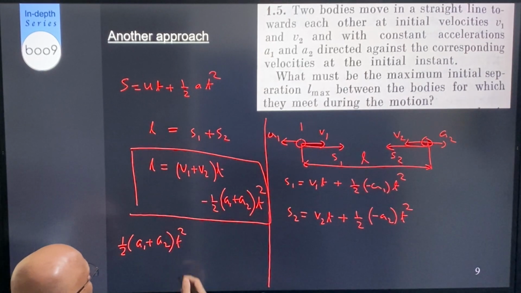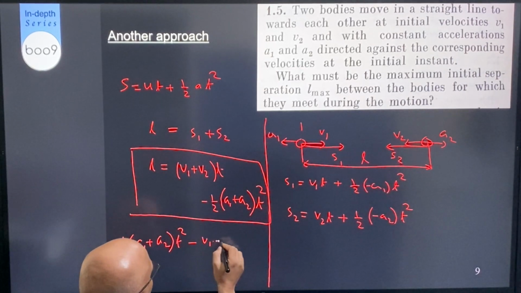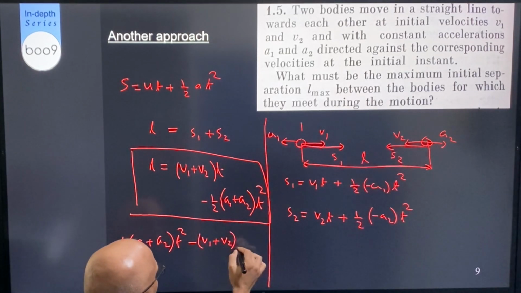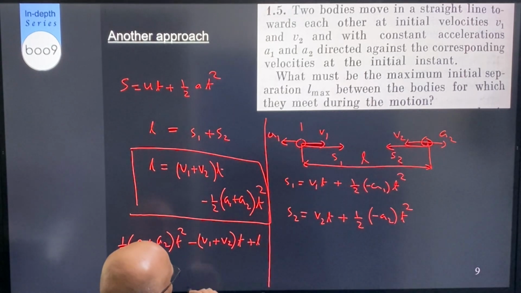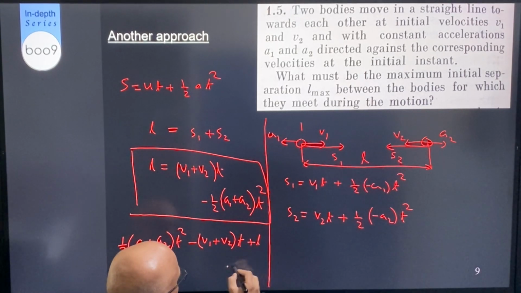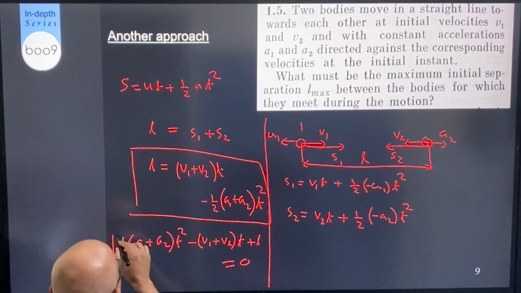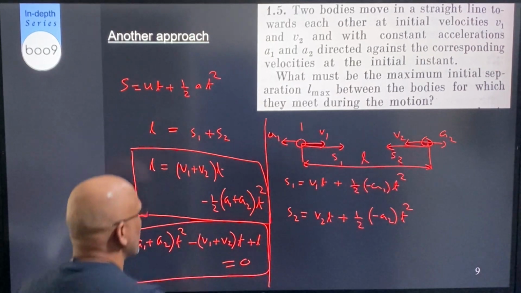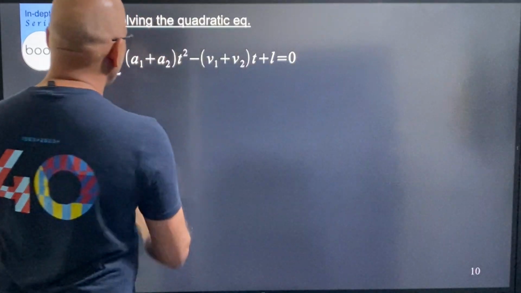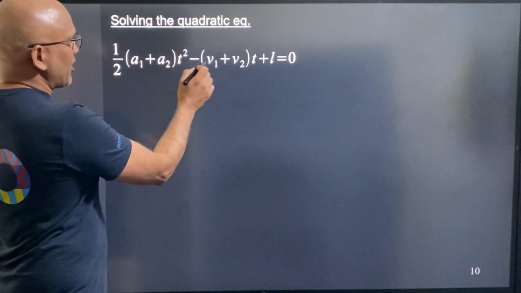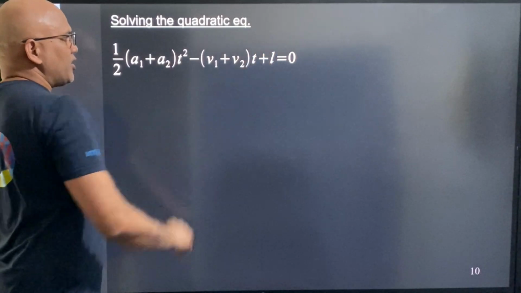If I take this to the opposite side, it will be negative v1 plus v2 t. L is already here, plus L. This is going to be equal to 0, right? All right, so this is the expression I will be working with. Here I'm copying this just to the other slide. Half a1 plus a2 t square minus v1 plus v2 t plus L is equal to 0.